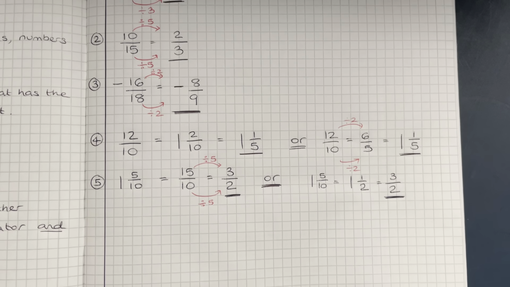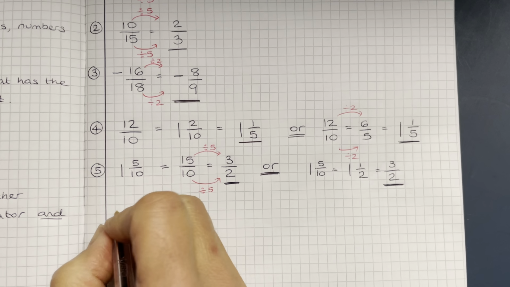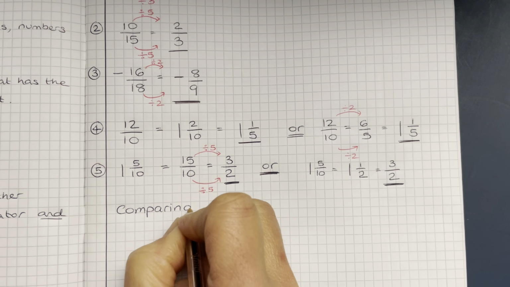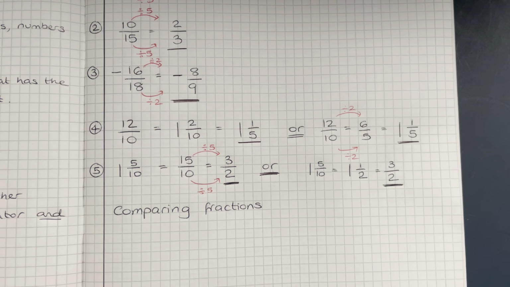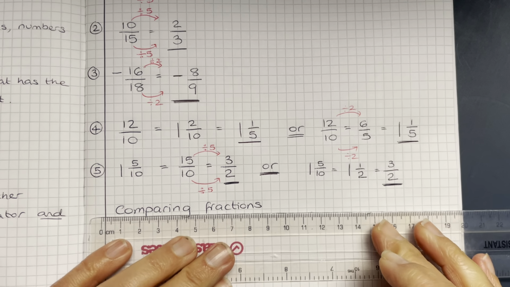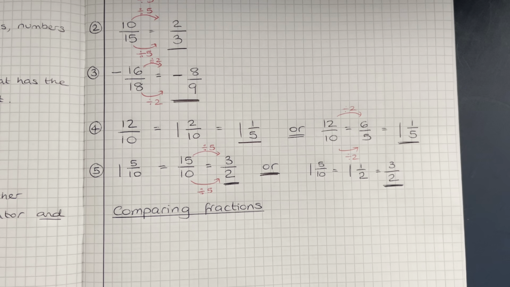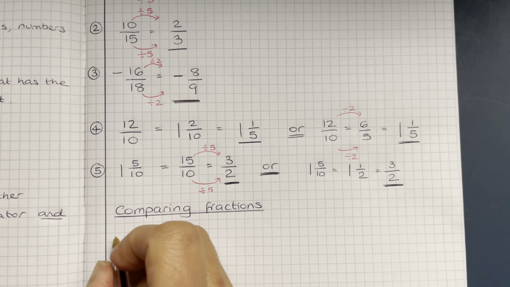All right, just to finish off, I just want to quickly talk about comparing fractions. So this is our last little subheading for today's lesson. Comparing fractions. The way we normally do comparing fractions is if the denominator is the same.